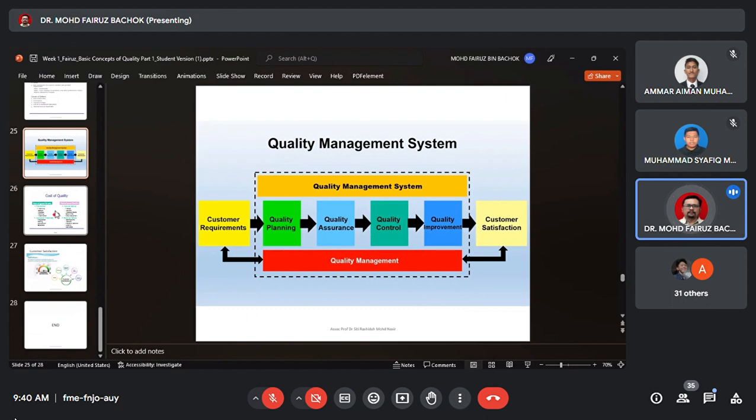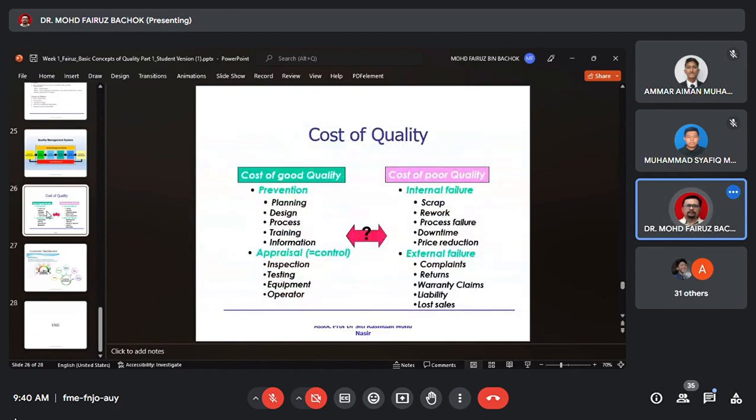We have another two slides. That is the cost of quality. Cost of good quality: prevention. To prevent the product from becoming poor quality, you must have good quality planning, good quality design, and a good, high quality process. You also need trained people who can assist you to come up with a good quality product, and also the information of that product.